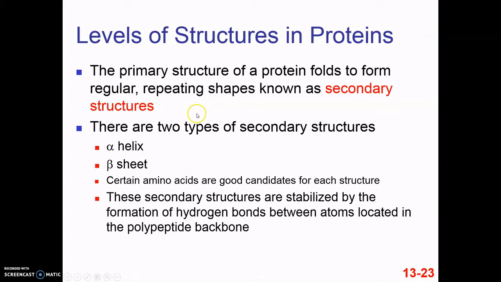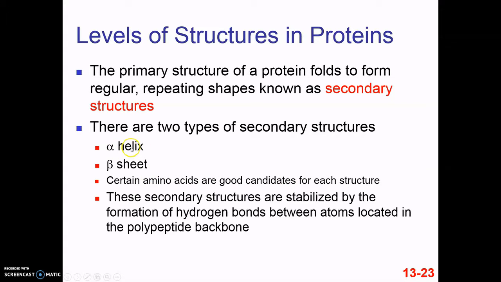There are particular shapes that tend to form repeating patterns. These repeating patterns are called an alpha helix and a beta sheet. Now, there are particular amino acids which are good candidates for alpha helices or for beta sheets, and there are particular amino acids that cannot exist in alpha helices or beta sheets. So the amino acid sequence is certainly going to help dictate this.